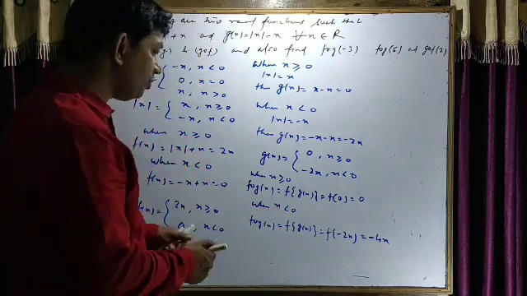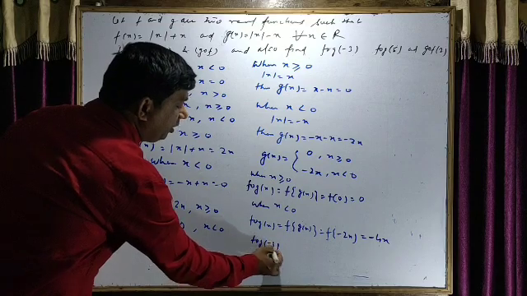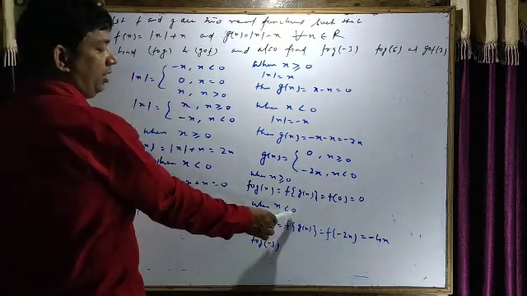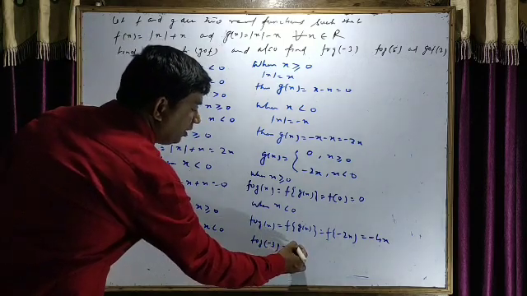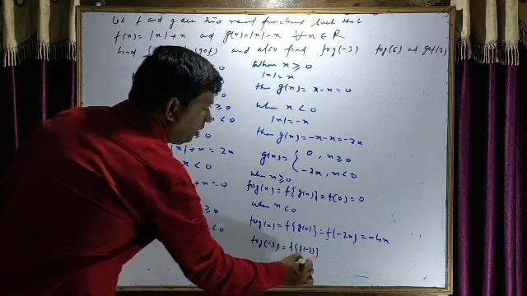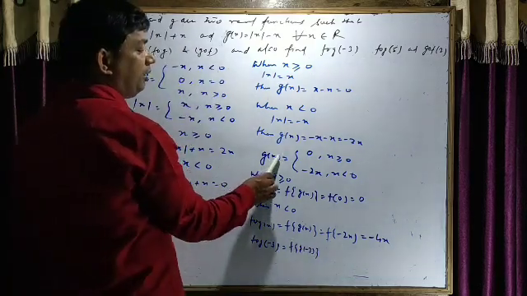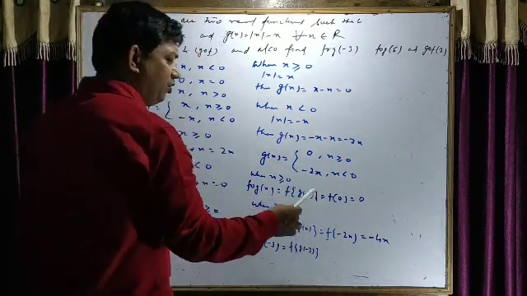See again, if I take minus 3, here x is less than 0, so in this case f of g of minus 3. g of minus 3 means minus 2x, which is 6.